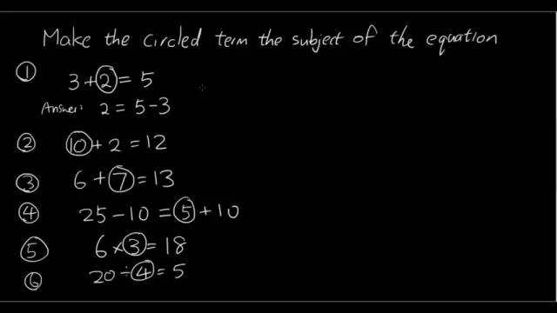Okay, so now that you've had a few minutes, let's do the first one here. 10 plus 2 is 12. We want to make 10 the subject, so 10 equals 12 minus 2. All we've done is we moved the 2 to the other side.